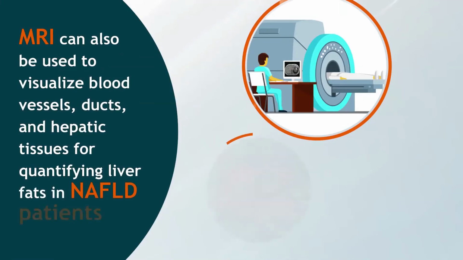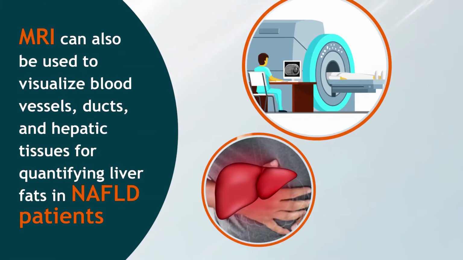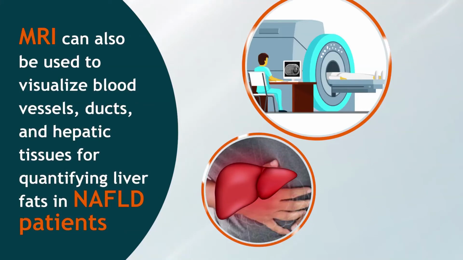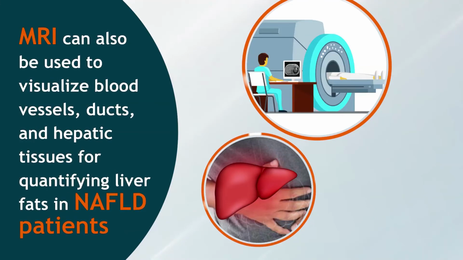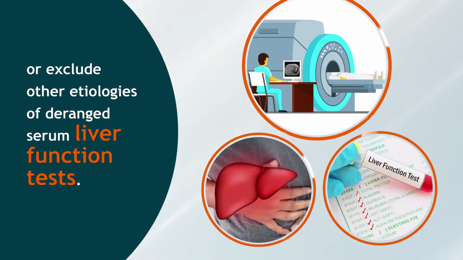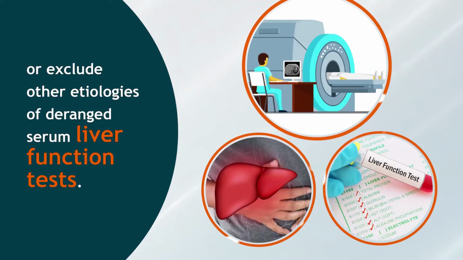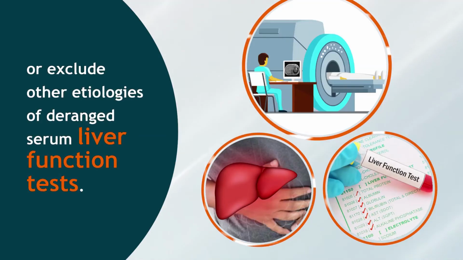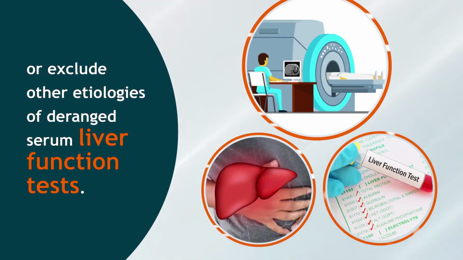MRI, as discussed, can also be used to visualize blood vessels without using contrast, ducts, and hepatic tissues for quantifying liver fats in NAFLD patients, or exclude other etiologies or deranged serum liver function tests, such as a possible mild generalized increase in parenchymal signal intensity in case of hepatitis.